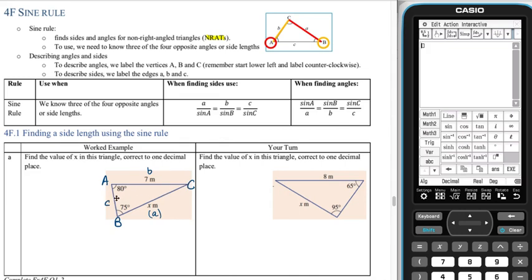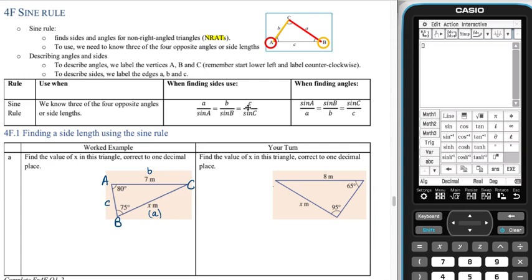Now that we've labelled all that, we need to use our sine rule. You may note there's 3 terms and 2 equal signs. Now, this may look a little confusing, but really what you need to do is just cover up one and make an equation out of the other two.